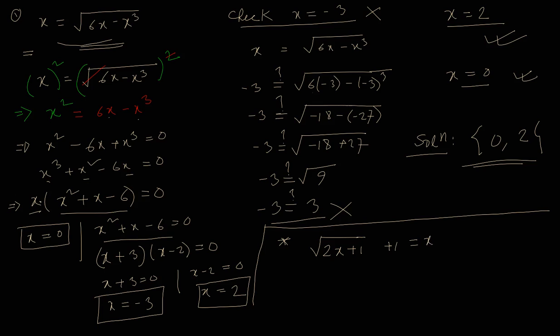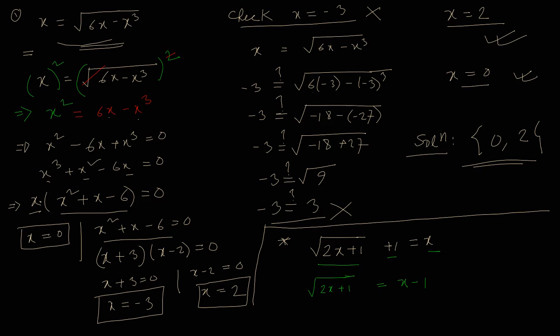Now, as you see, I have one radical term and some other term. As I said for the previous problem, I need to make sure the radical is isolated. So it is the square root of 2x plus 1, and I am going to move the other term, so x minus 1.